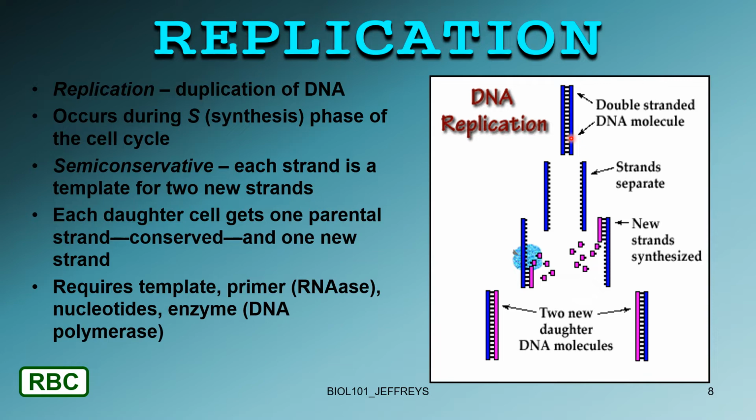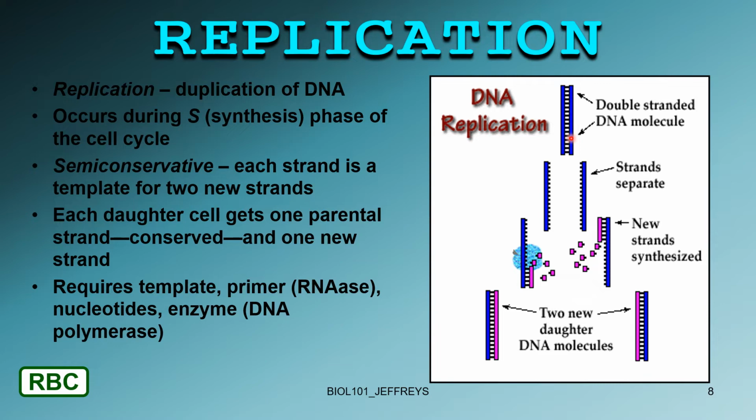We call it semi-conservative because once you zip the two strands apart, each strand serves as a template for a new strand. And so you get two new copies of the parental DNA.